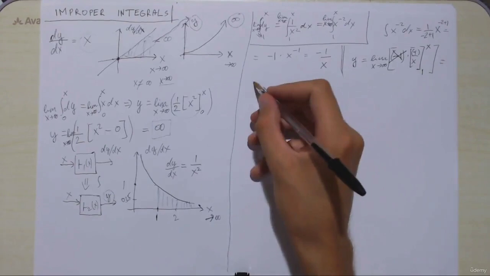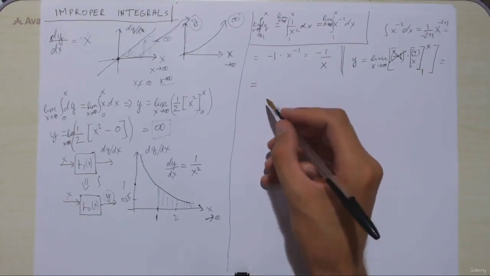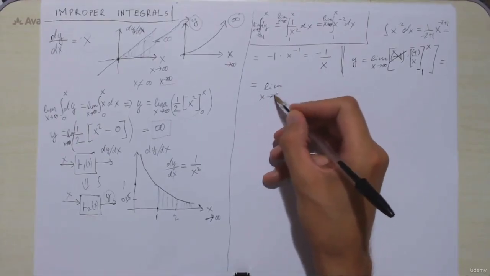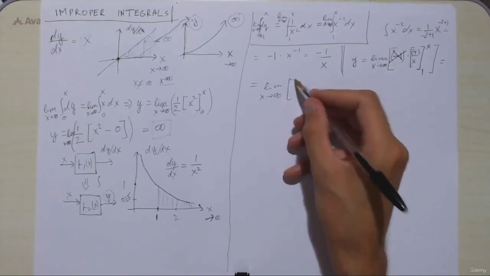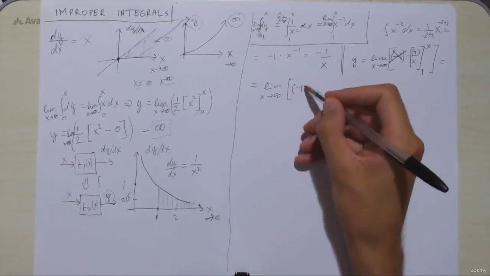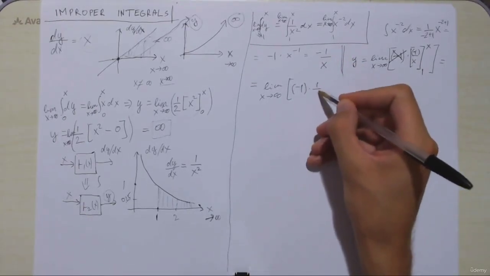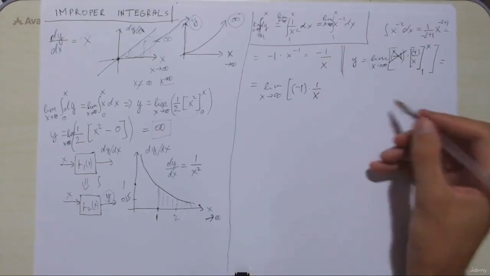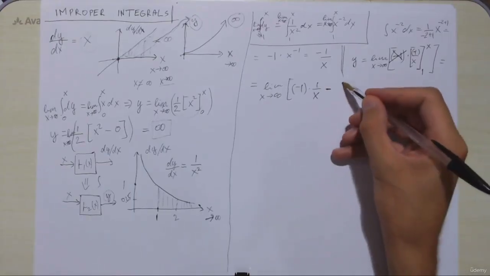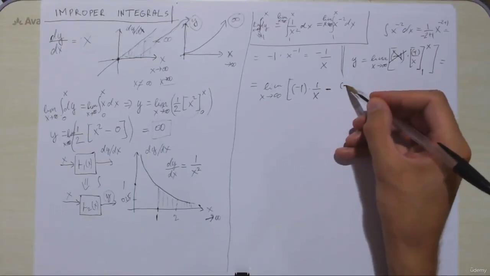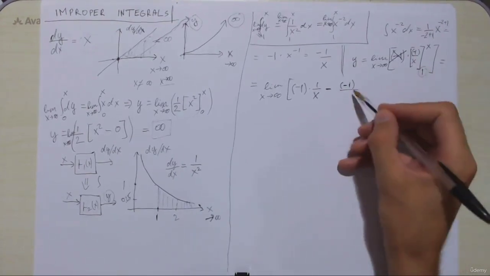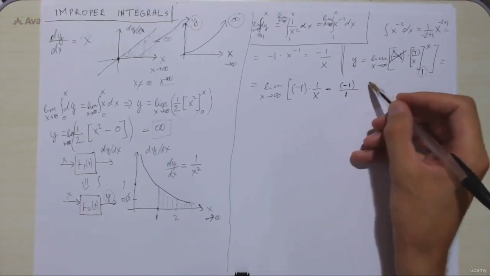Now, that would mean that I will have limit as x approaches infinity. So first of all, I would have minus 1 times 1 over x, and then I have minus, and then again the new function would be minus 1 divided by, and now I'm going to put this 1 inside here instead of x.